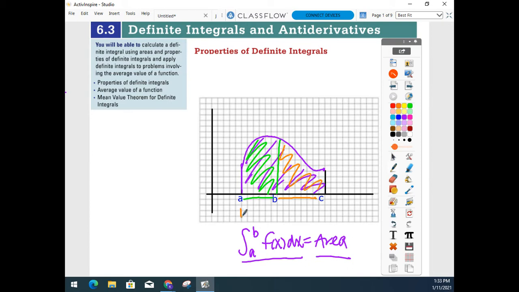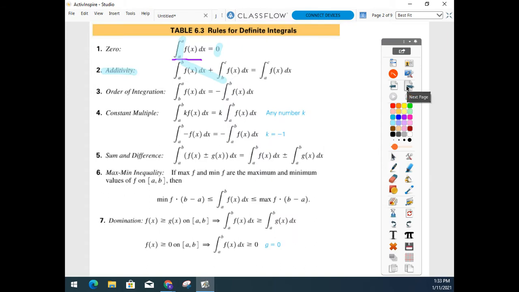Doesn't it make sense? I could just find from A to C, it would be equivalent as A to B plus B to C. So if these are exactly the same in this diagonal, you can just squish this together and go from A to C.